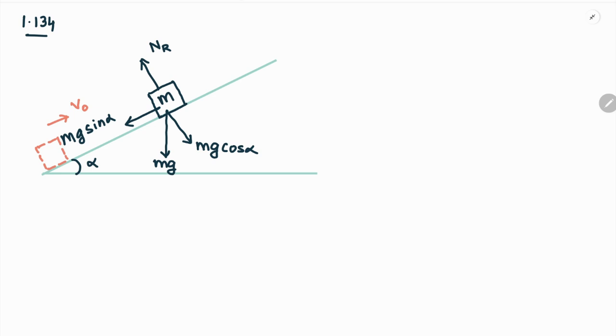There is a frictional force which is acting to oppose the motion in the upward direction, and we consider over here that as it is rising up, it will cover a distance, let us say s.